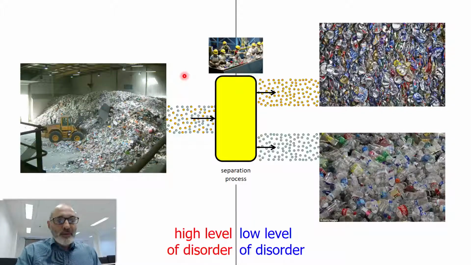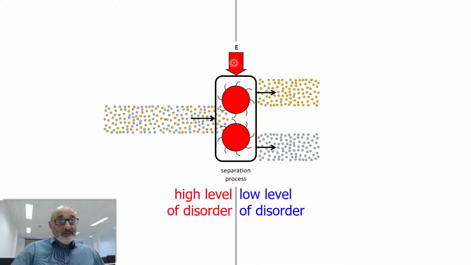workers which manually separate these components. So what is this something here? Does it need to expend energy? That's the point today, okay? So our separation machine is going to be working inside there, okay?